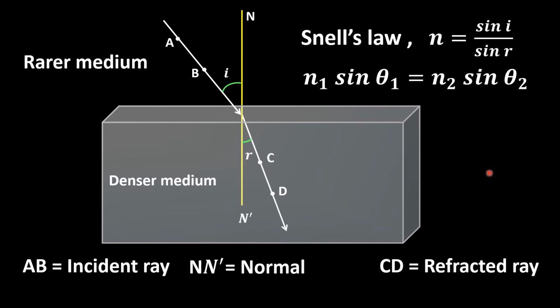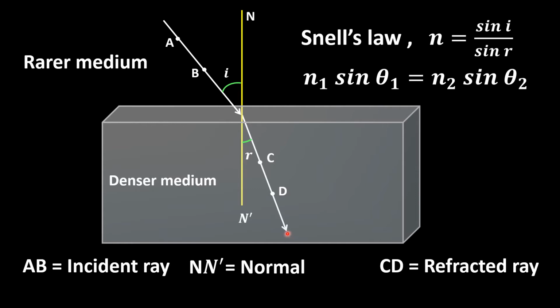And one more very important thing: when a ray of light enters from a rarer medium into a denser medium, it will bend towards the normal. And there is one wonderful property for light rays. A light ray always retraces its path. That means this ray is coming and going like this.